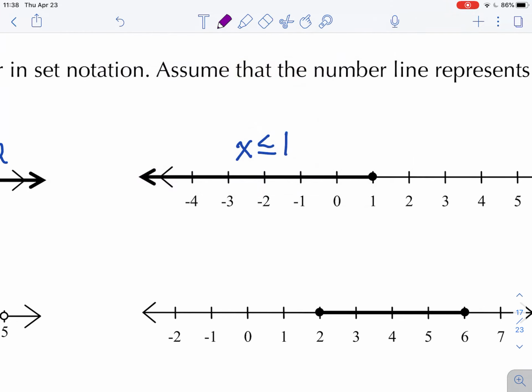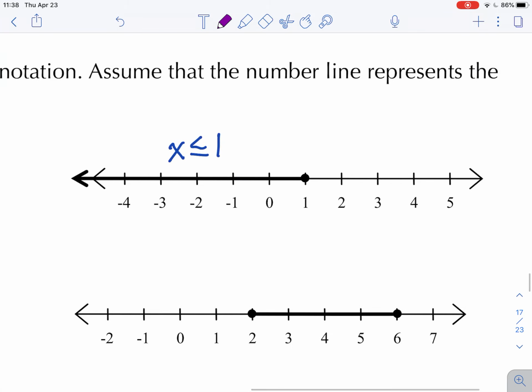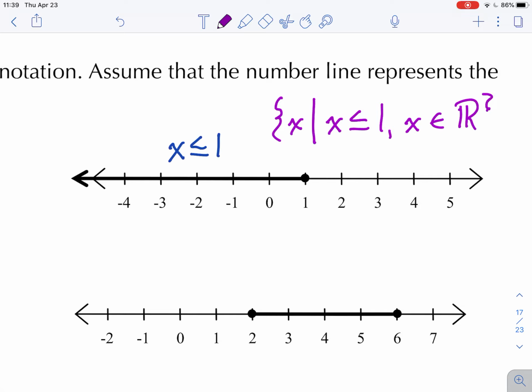In our second one, x is less than or equal to 1. I'm going to choose a different color for our second one. And again, it could be any real number. So this would be our variable x, such that x is less than or equal to 1, and x is an element of the real numbers.